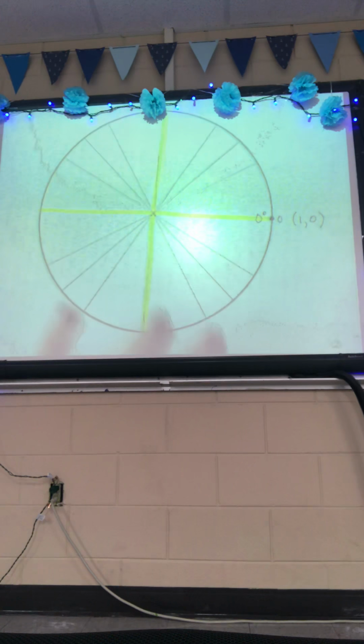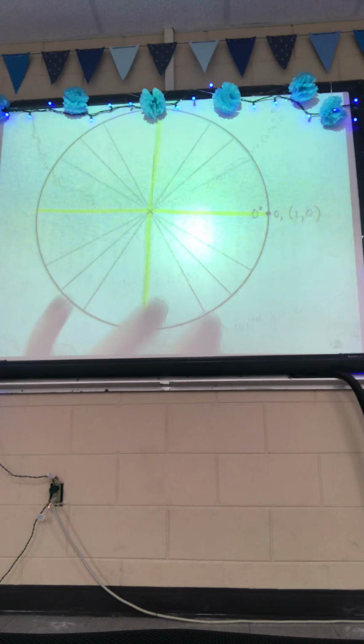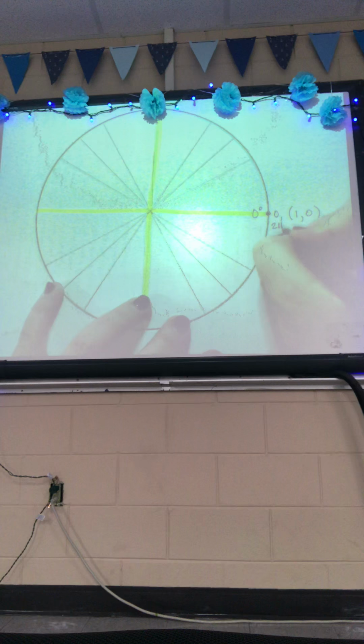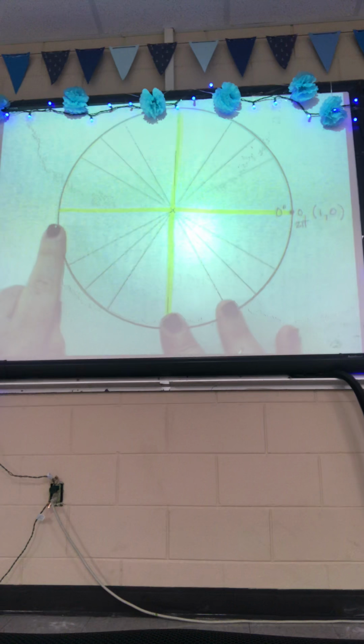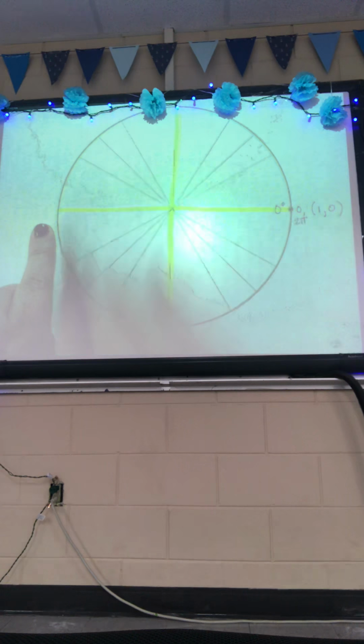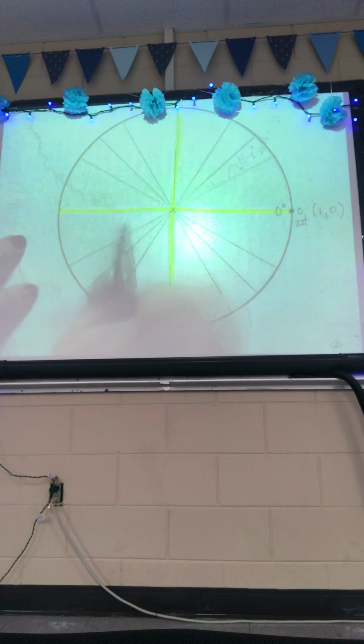Okay, let's go over to this other side. Actually, let me say this real quick. All the way around the circle is 360 degrees, but in radians, all the way around the circle is 2 pi. So this is also 2 pi. Now we're going to go across here. If all the way around is 2 pi and 360 degrees, in degrees, what is this going to be? 180 degrees.